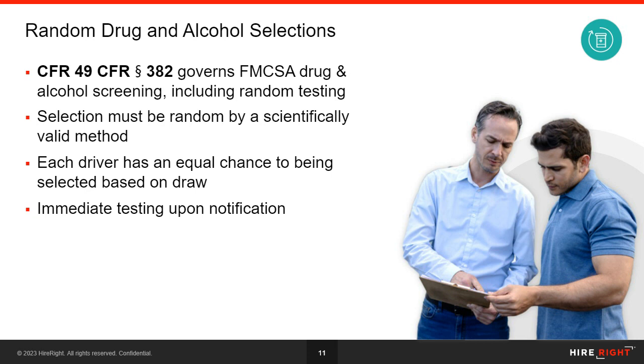Let's look at some best practices and how you can hopefully make this less painful for your daily activities. First of all, I want to reiterate this. I've been saying this for 20 years: your selection has to be made in a scientifically valid random process.